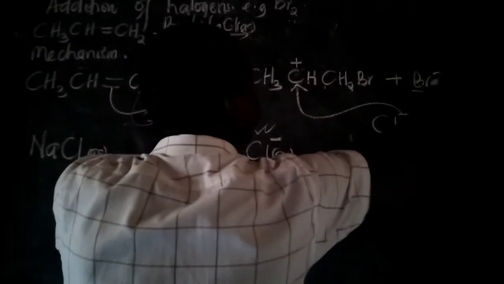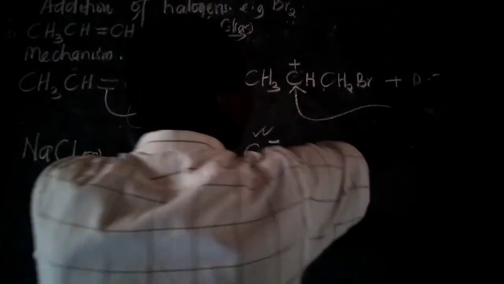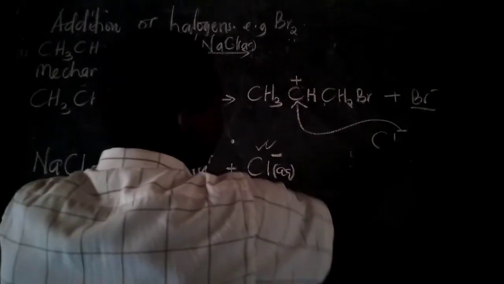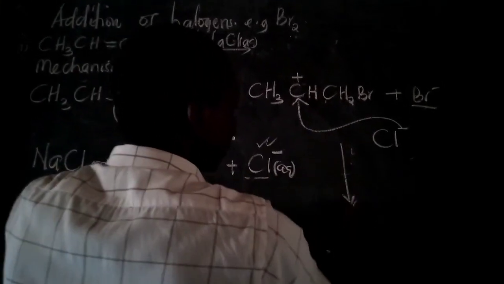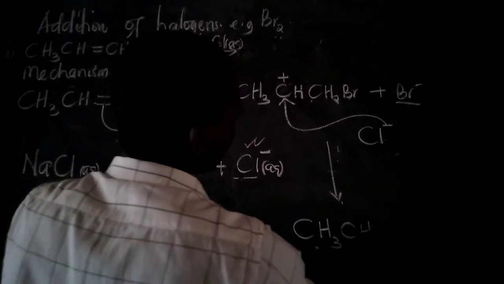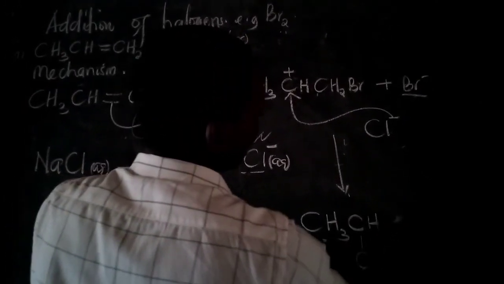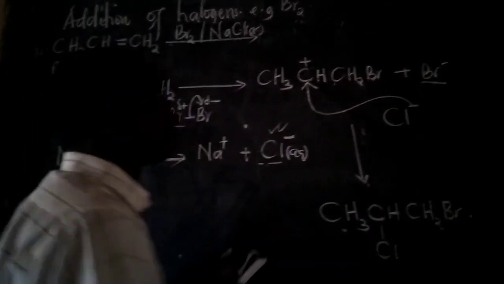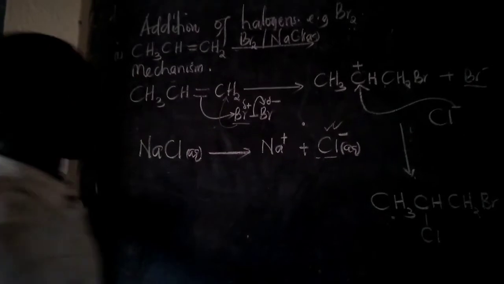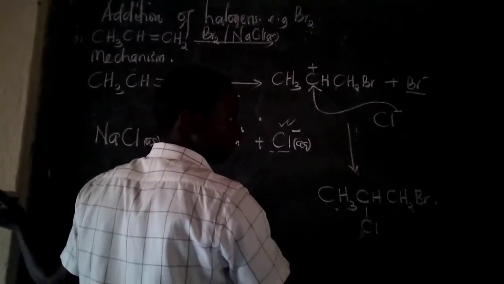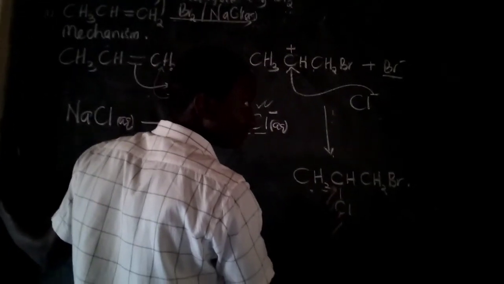They surpass the action of this to interact with the carbonium ion. So we come and interact this with the carbonium ion and come up with our final answer, which is CH3, CH, chlorine, CH2, and then the bromide.